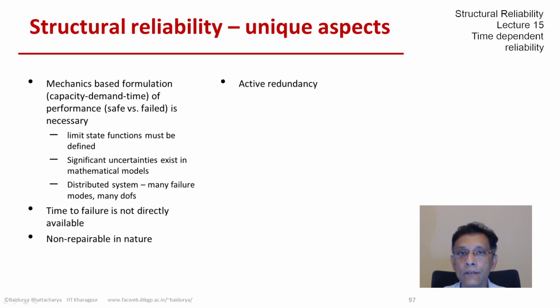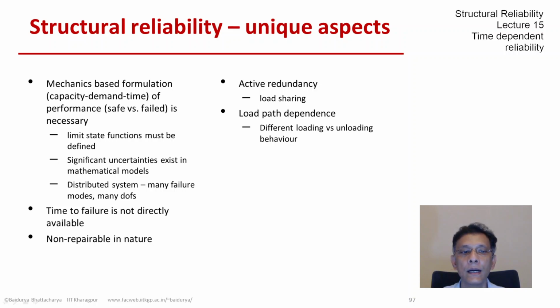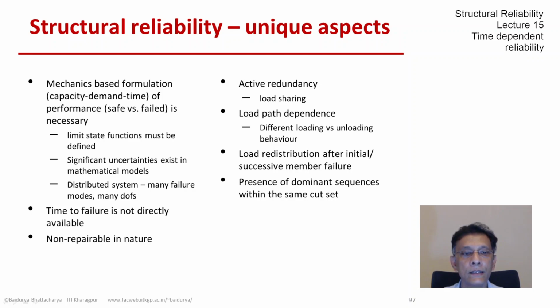It has active redundancy, so all the elements are loaded, and there is load sharing, which brings in dependence. There is load path dependence. An example would be that the loading and unloading behavior could be different. There could be load reversals, and load redistribution after some initial or a sequence of member failures.